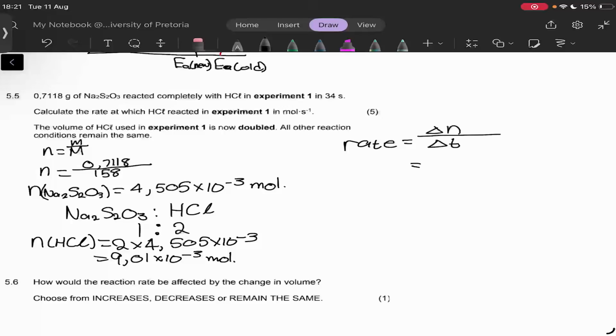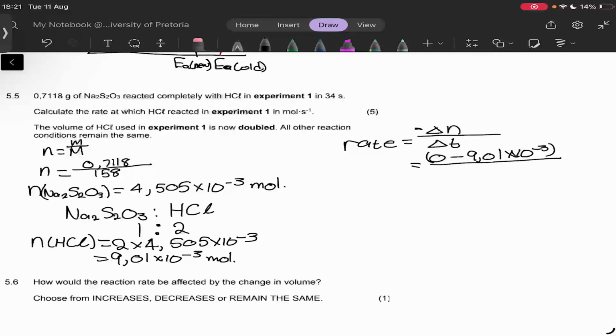Okay? I'll then have, let me do rather negative change in mole so that I get a positive rate. My initial mole of, in my case, hydrochloric acid, or my final mole of hydrochloric acid would be 0. My initial would be 9.01 times 10 to the power of -3.